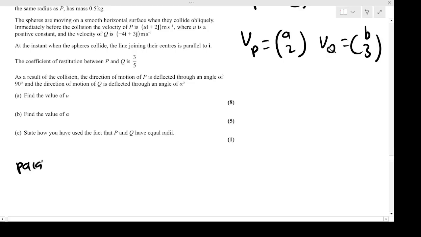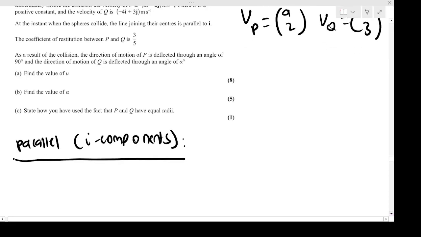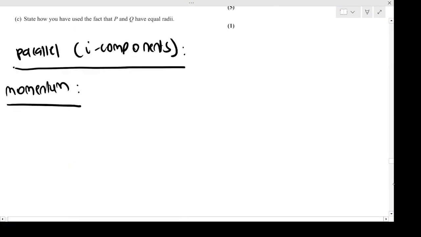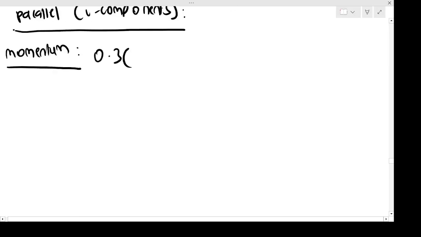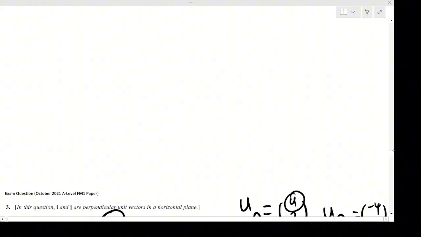So because we're parallel to I, for the I components we're going to do momentum and restitution. Firstly, momentum. For P, the mass is 0.3, so it's going to be 0.3 lots of the initial I component, which is this U here.